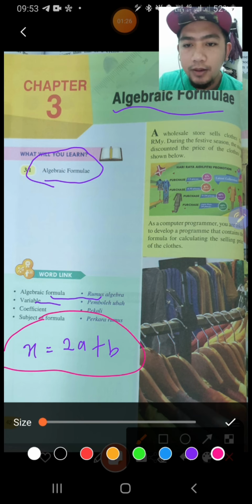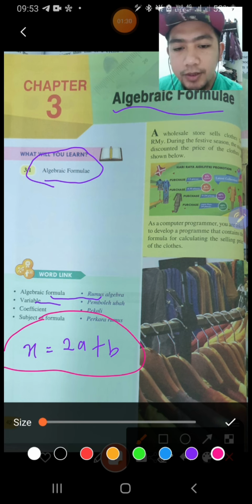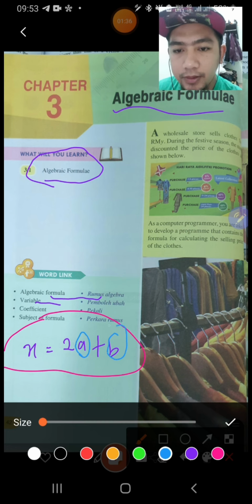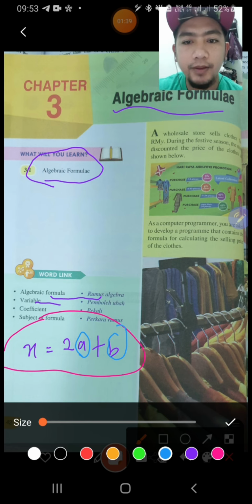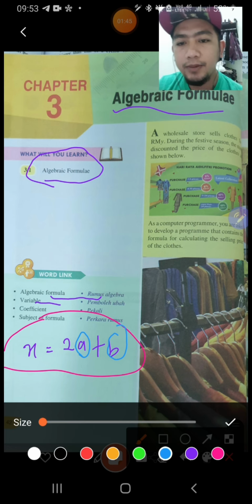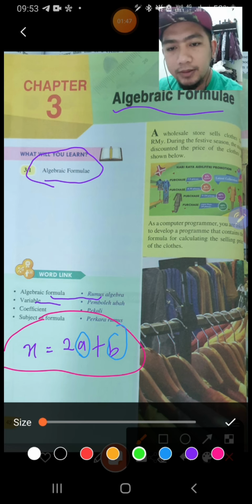And then what is variable? Variable is this one. We call it as variable, all the unknown, the letters. The coefficient means the number in front of the variable.